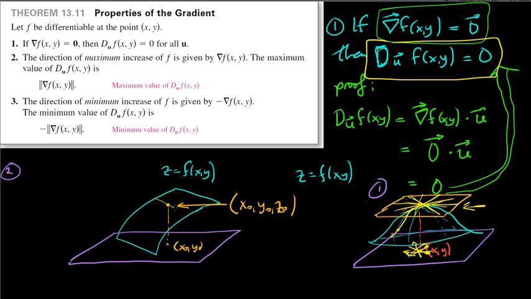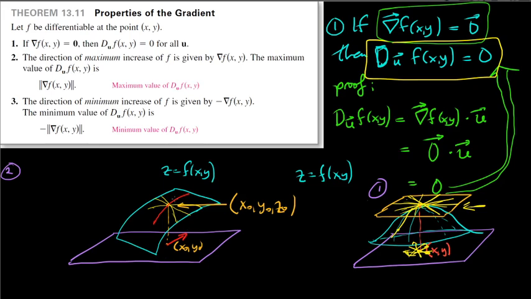So if I go in this direction, I'm not going up or down, so the directional derivative here would be about 0. And if I go this way, I'm going a little bit down, or a little bit up if I reverse it. If I go in this direction, again, I'm mostly going side to side. On the other hand, if I go up this way here, I'm going up the steepest way possible. So it looks like this direction here.